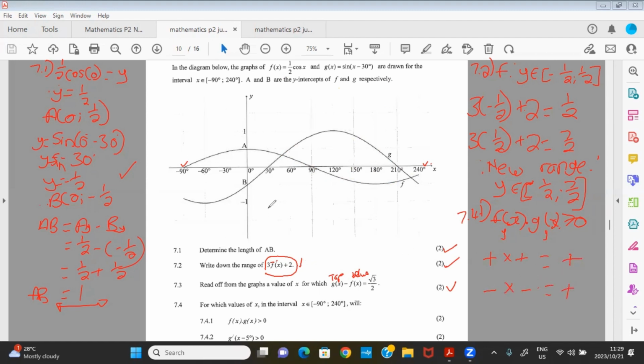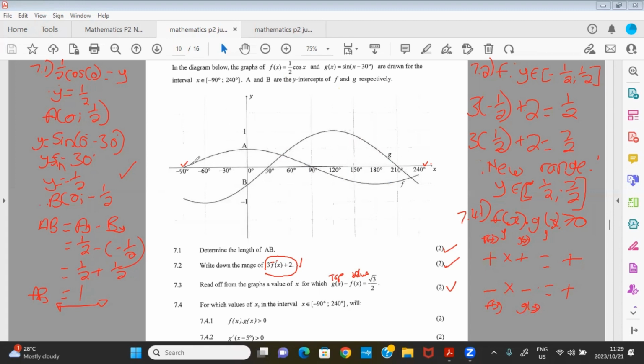So what I'm going to do is look at my graphs. For the same interval, do I have a graph of f a positive and g a positive, or f a negative and g a negative?